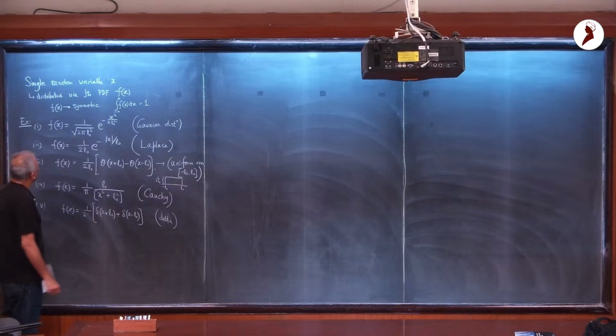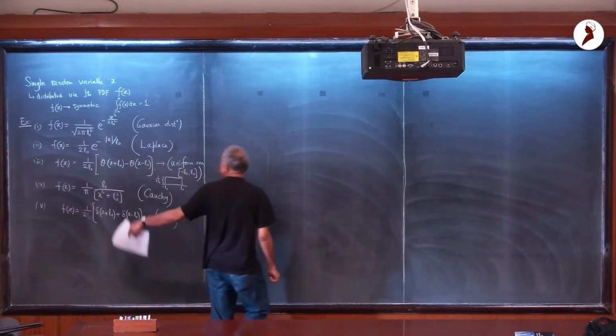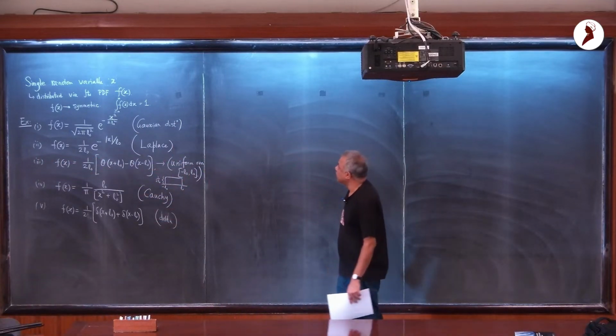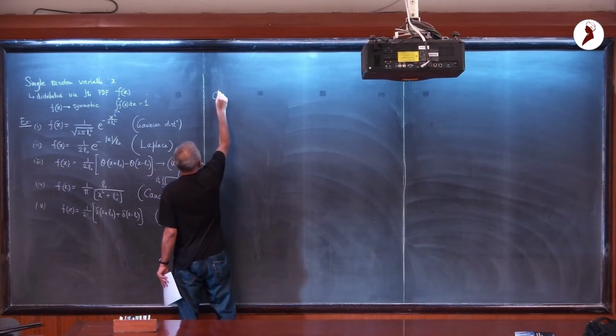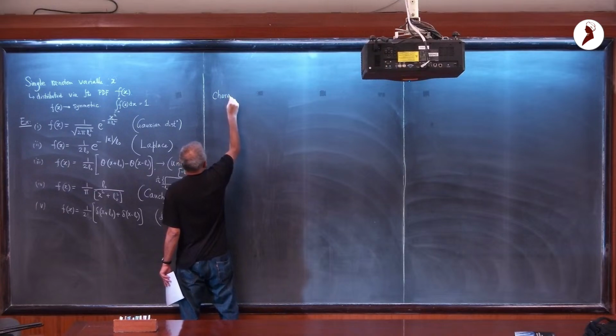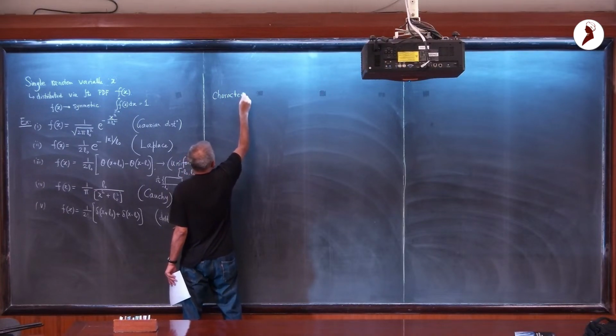Okay, so now typically, when you have a random variable distribution like that, it's very useful. I mean, the probabilists call it the characteristic function, and physicists call it the Fourier transform. It's the same thing.